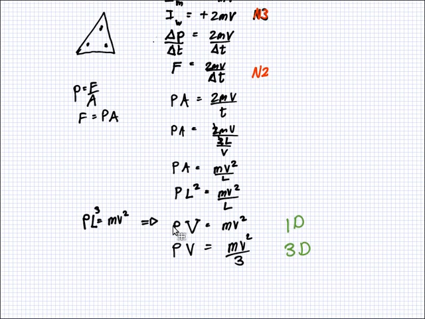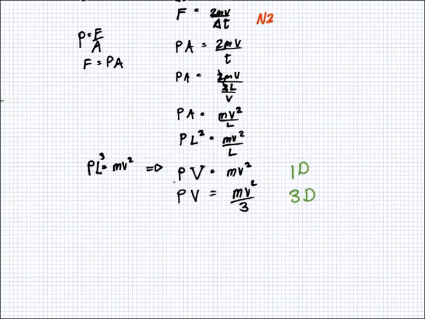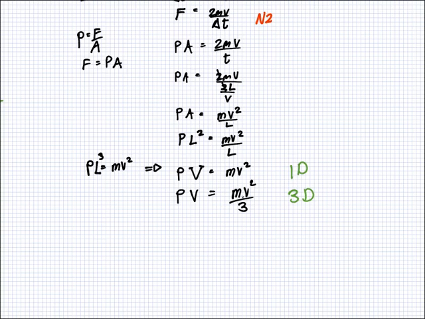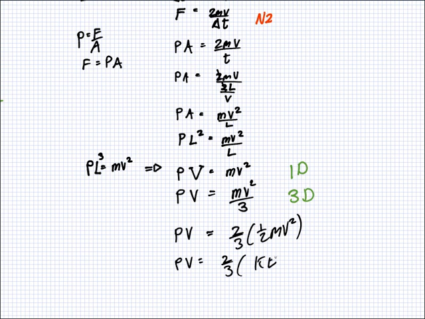Okay. How far can I scroll down? Like to this bit, isn't it? Right. What does mv squared kind of look like? It looks like kinetic energy, doesn't it? What I'll do is I'll change this to 2 over 3 times a half mv squared. So that's PV equals 2 over 3 kinetic energy.